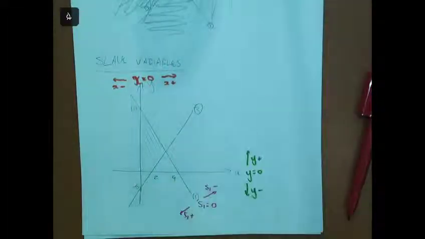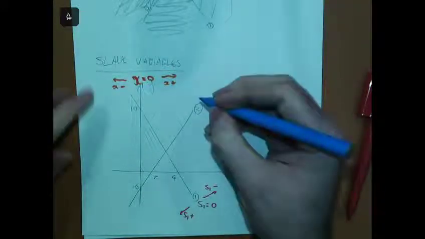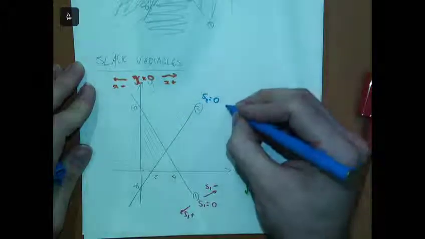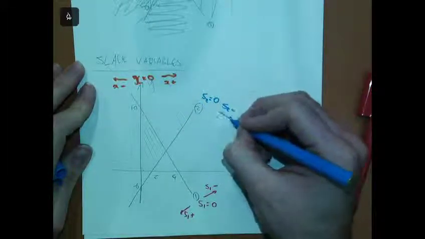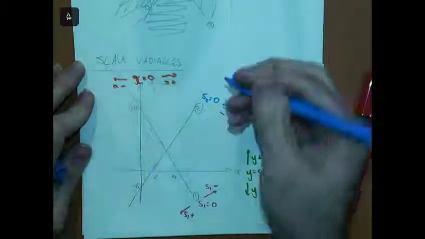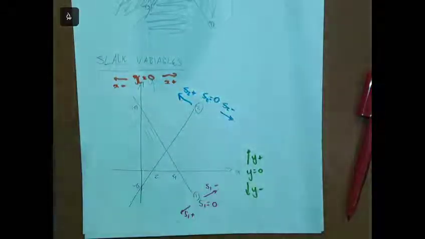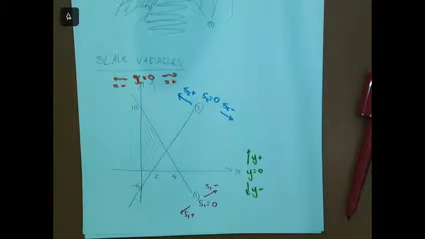And line number 2 will have its own variable as well. Slack variable number 2 will be equal to 0 when I'm on the line. It will be negative when I'm on the wrong side of the line for where my set is, and it will be positive when I'm on the correct side of the line for where my set is.